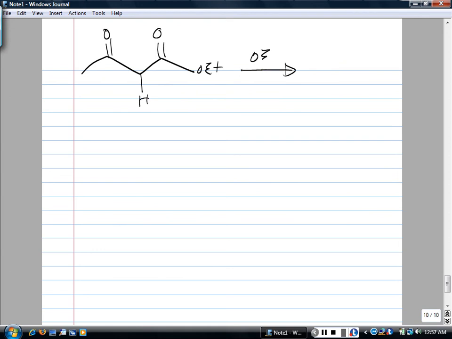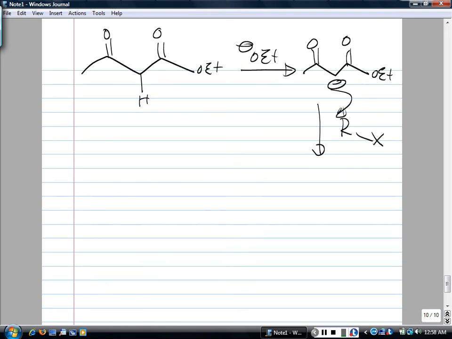With ethoxide present, that proton actually comes off. I deprotonate and I make the corresponding enolate. And that's wonderfully resonance stabilized by both adjacent carbonyls. Enolates are nucleophiles. We saw this with aldols. So this species can then be used to react with, say, RX to do an SN2 reaction.